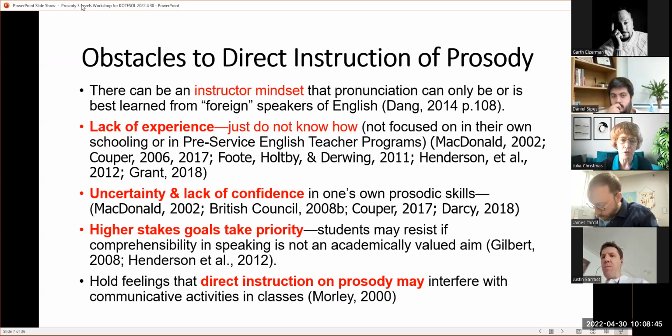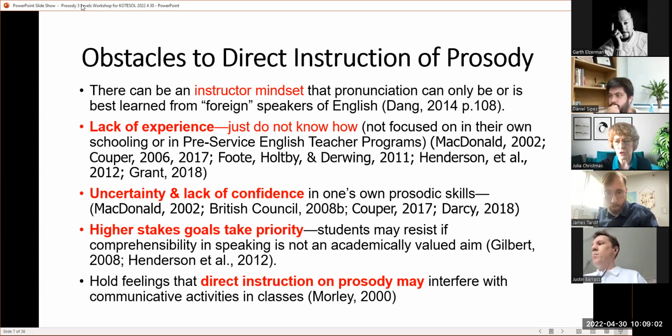There's of course the higher stakes and testing, and people believe sometimes that any kind of direct instruction in some ways is going to interfere with the communicativeness of my teaching, and that is not necessarily true.